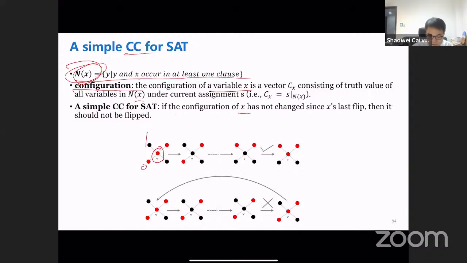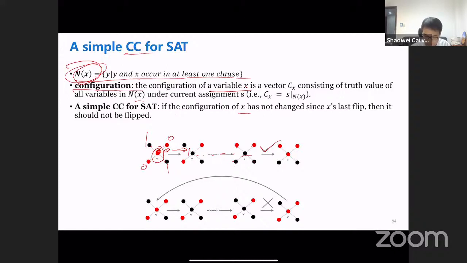It has 4 neighboring variables with values 0, 1, 0, 1. In some step, the variable we consider is flipped from 0 to 1. Then after some steps, we try to flip this variable again and check its configuration. Now we discover that its configuration is different from the time it was last flipped. So this is okay, it can safely be flipped.